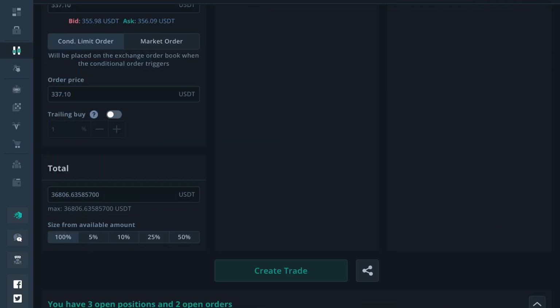Think like this. If you were using the entire 100% of your balance at 50x, that means the market would only have to fall minus 2% for this position to be wiped without any marginal assistance. If you were trading with $36,806 and the market fell minus 2%, you would lose $736, meaning your position would be wiped.